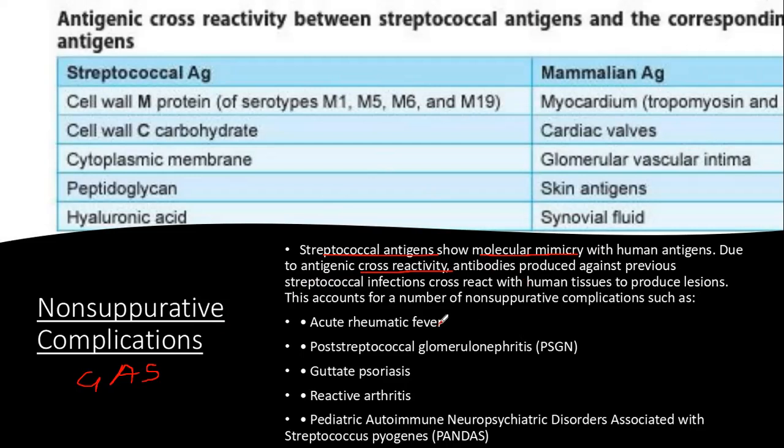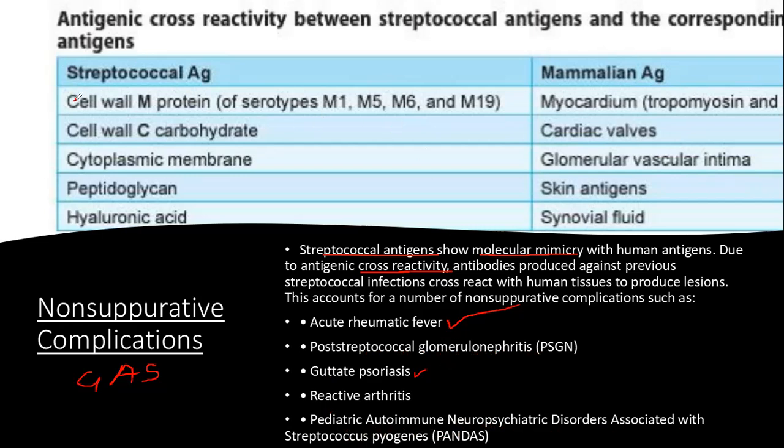And this can lead to acute rheumatic fever, post-streptococcal glomerulonephritis, guttate psoriasis of the skin, reactive arthritis, and the pediatric autoimmune neuropsychiatric disorders associated with Streptococcus pyogenes, the PANDAS.